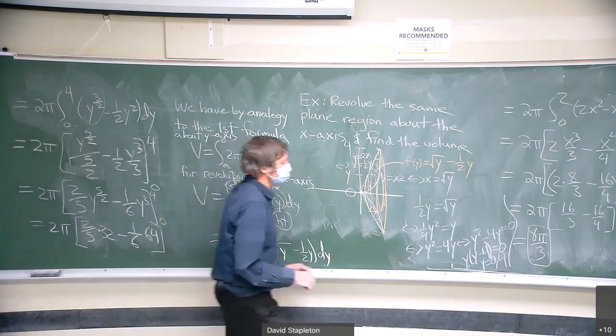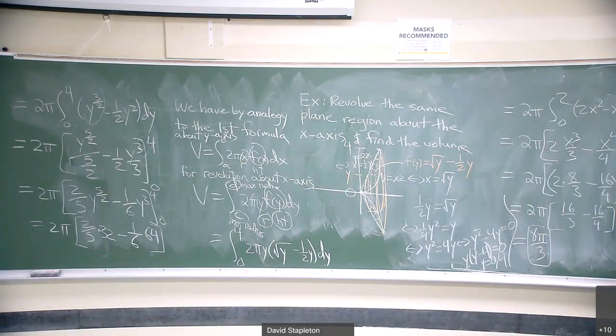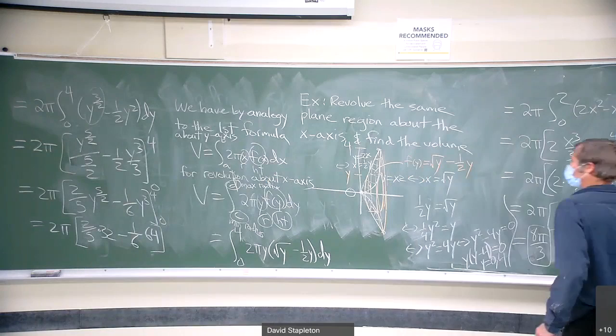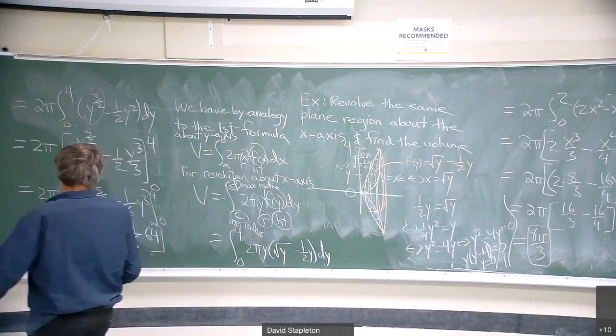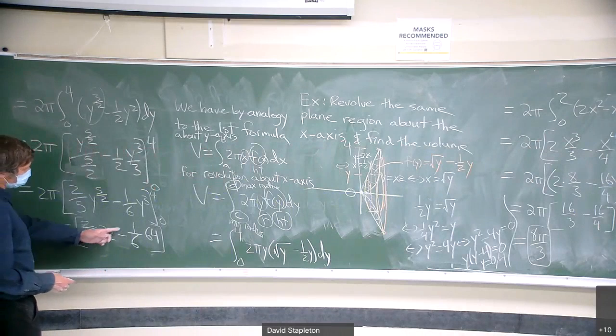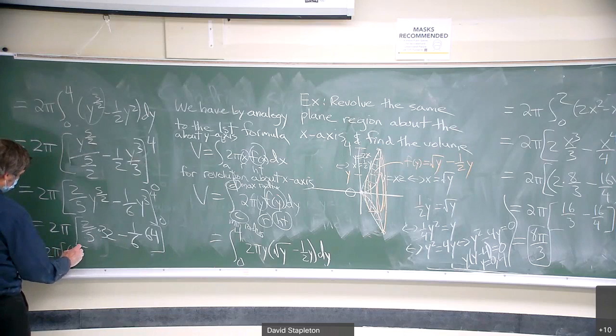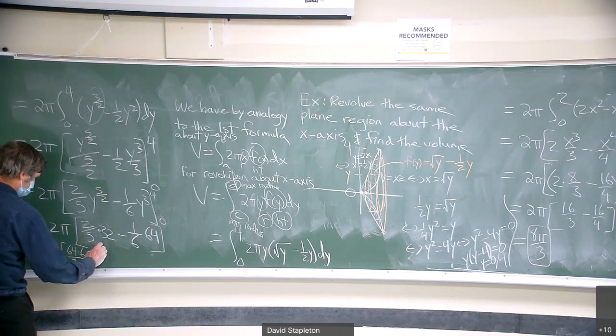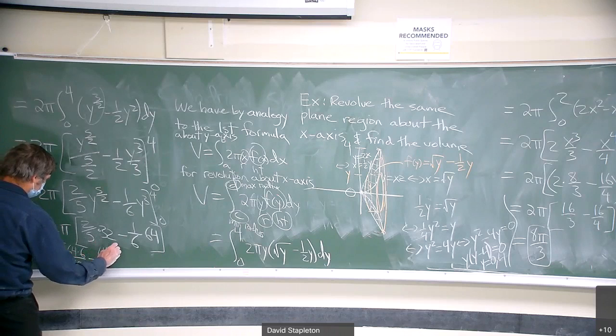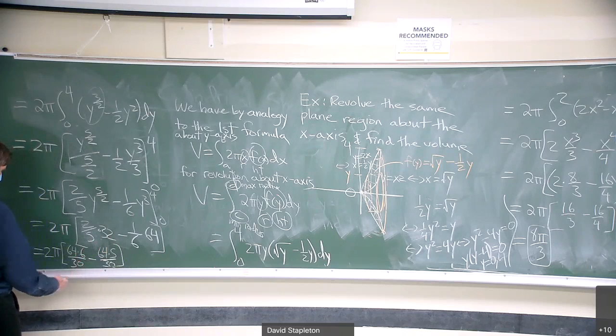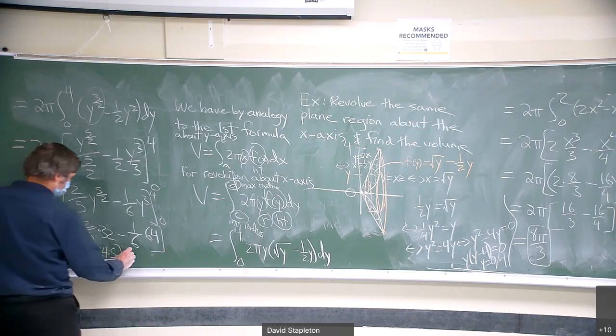So now, let's see, I got 64/5 minus 64/6. 64 times 6 over 30 minus 64 times 5 over 30 makes 64 over 30 or 32/15.